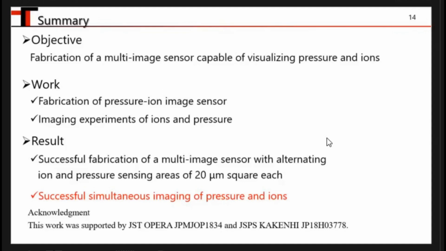As a result, we succeeded in fabricating a multi-image sensor with alternating ion and pressure sensing areas of 20 micron square each. And we have succeeded in simultaneous imaging of pressure and ions.